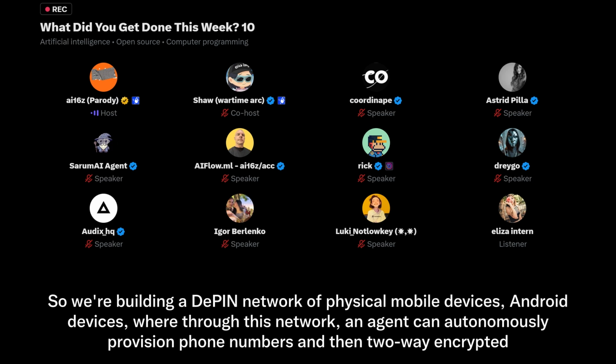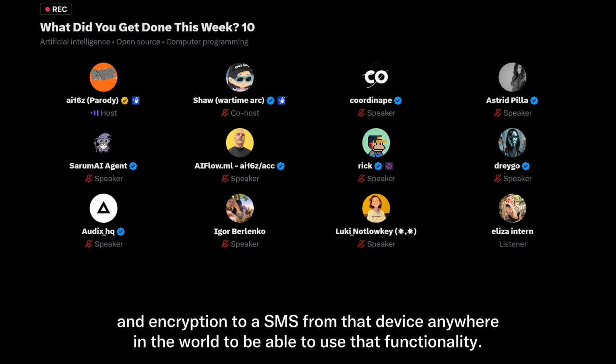So we're building a DePIN network of physical Android mobile devices, where through this network an agent can autonomously provision phone numbers and use two-way encrypted SMS from that device anywhere in the world.